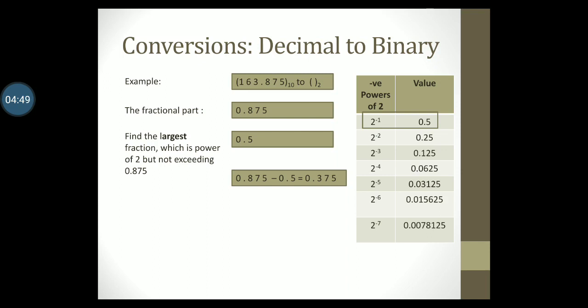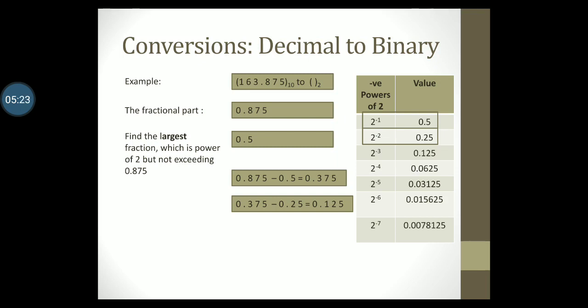We find a number which is a power of 2 but does not exceed 0.375. 2 raised to minus 2 is 0.25, a number which is a power of 2 and does not exceed 0.375. So we record it. We find the difference between 0.375 and 0.25, which is equal to 0.125.